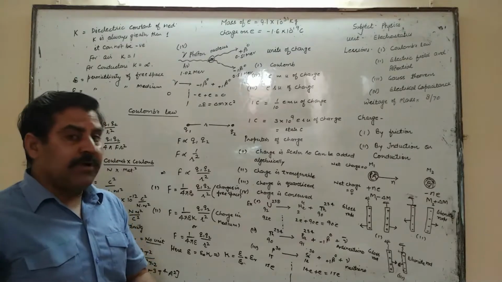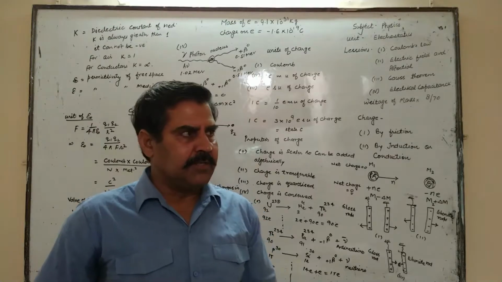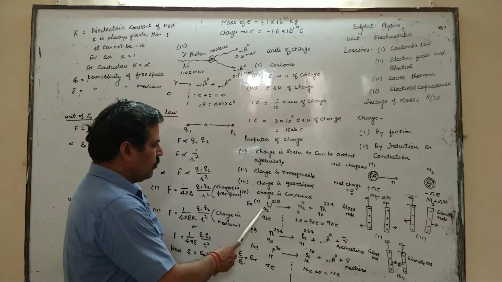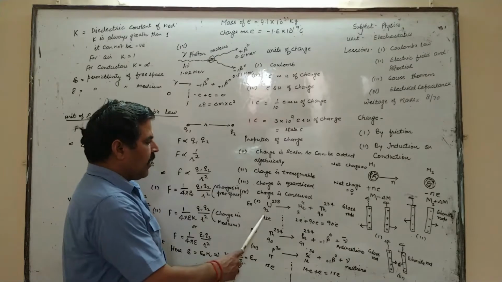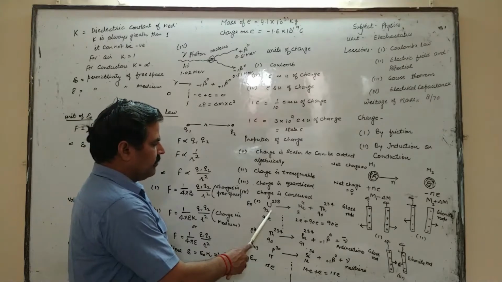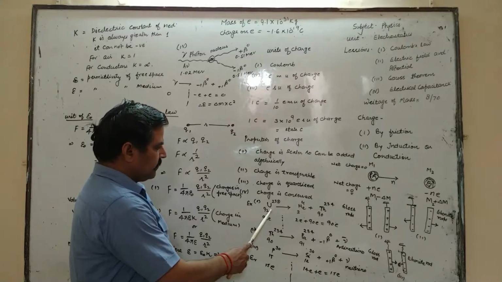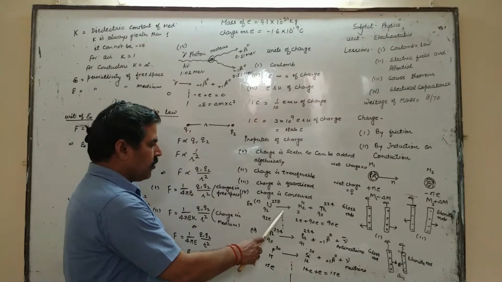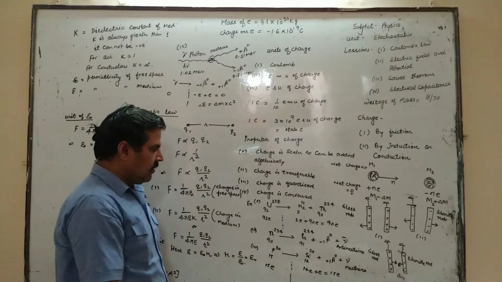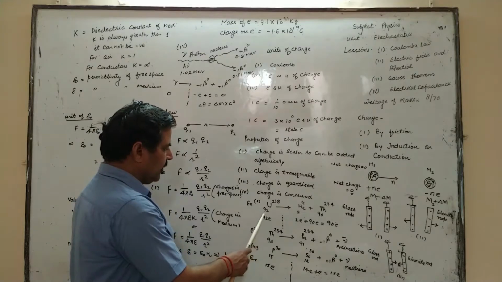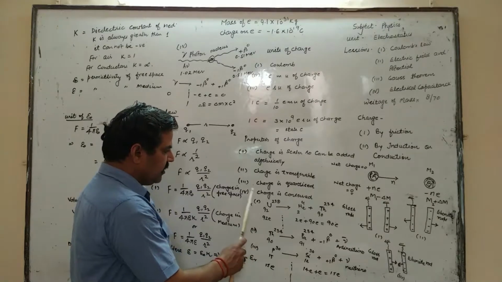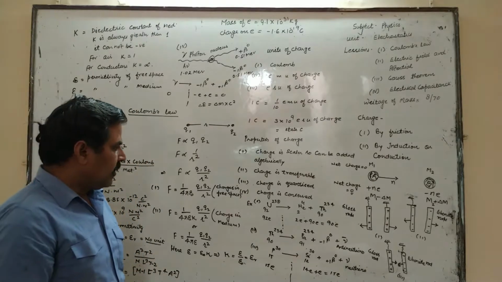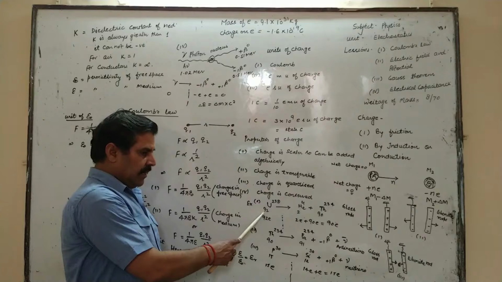Now let us take a few examples of how the charge remains conserved. Here is uranium 92-238. When an alpha particle is emitted from uranium, it is converted into thorium. Before emission of the alpha particle, charge on the uranium nucleus is 92 into e, where e means charge on a proton, and 92 is the atomic number.